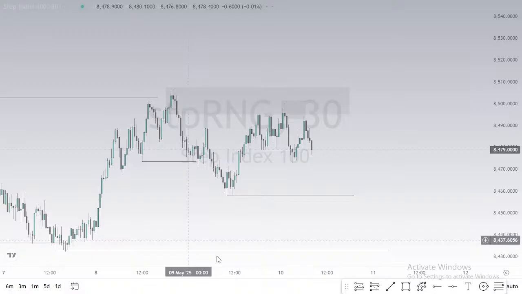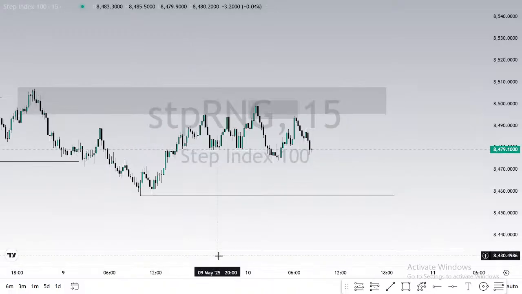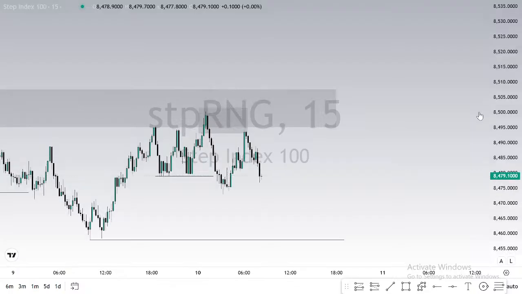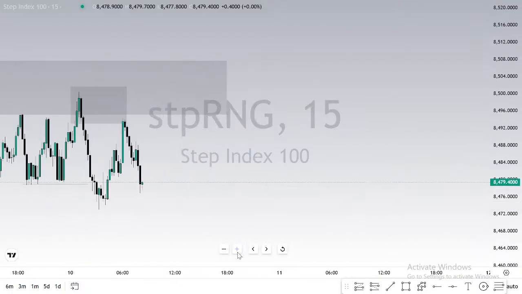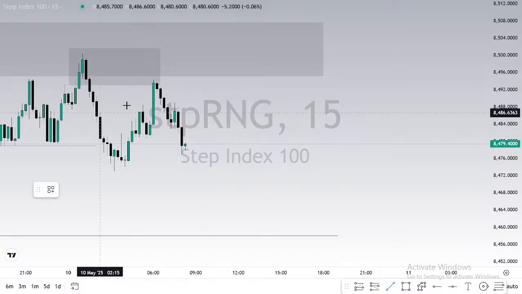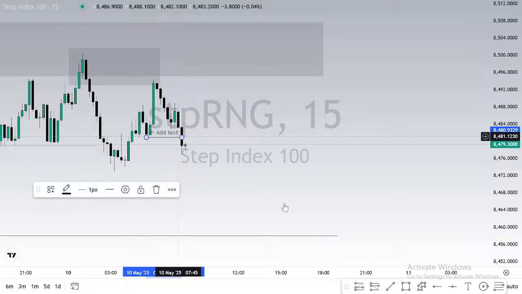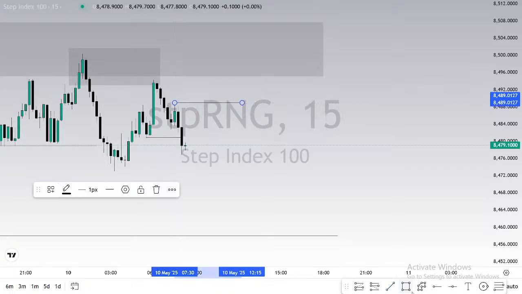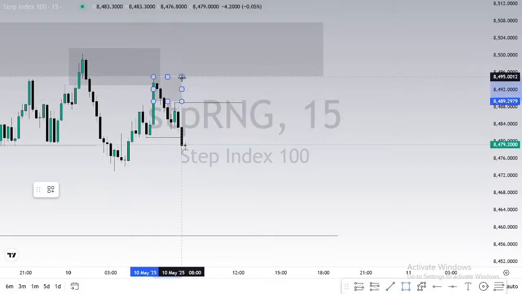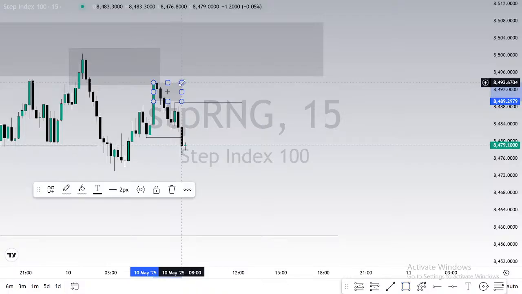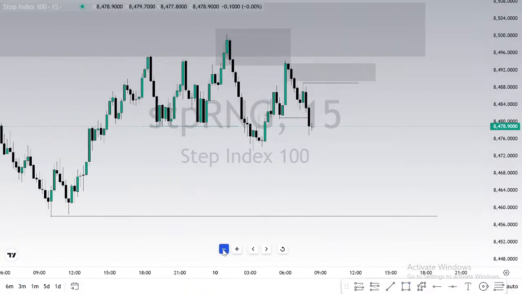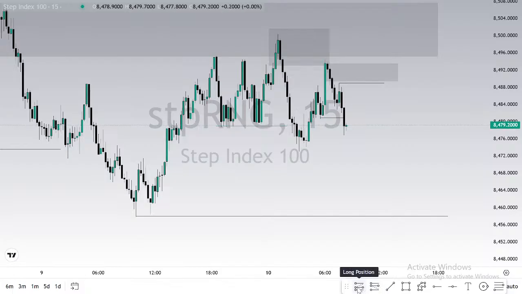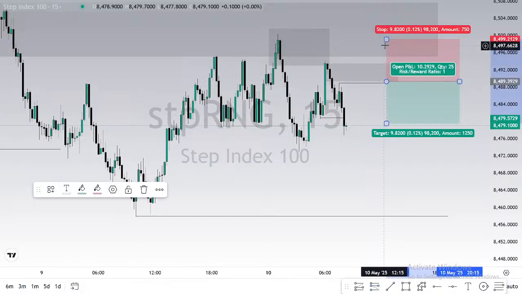15 minutes time frame. So this is it. This is already a change of character again. So this is a possible inducement. This is a point of interest. So this is what I am expecting on this asset.